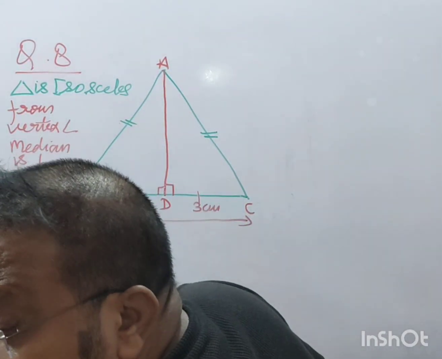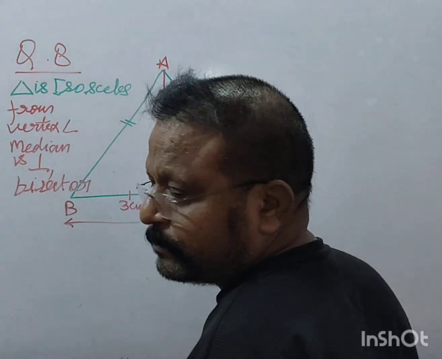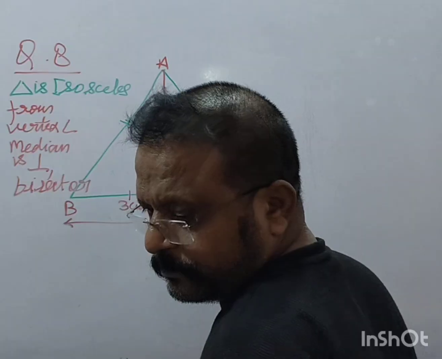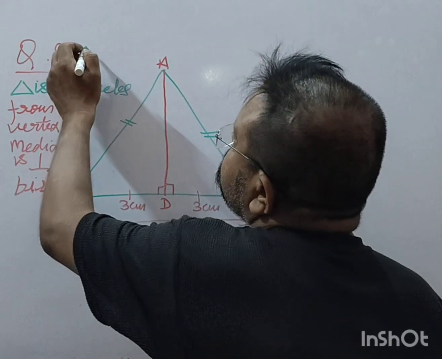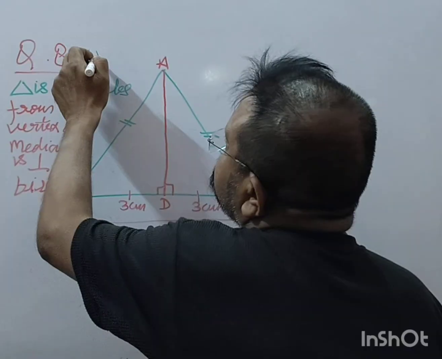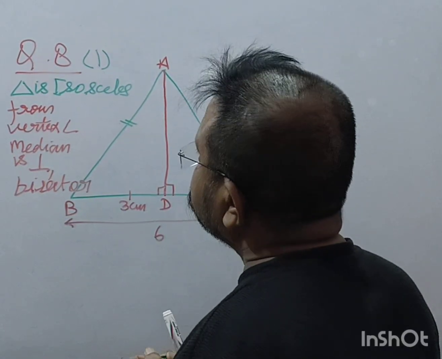Now what else is given to you on the back? In the figure given below, triangle ABC is an isosceles triangle with AB equal to AC, and AC is equal to 5.